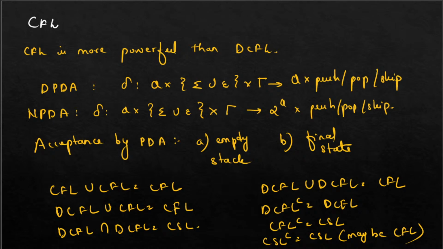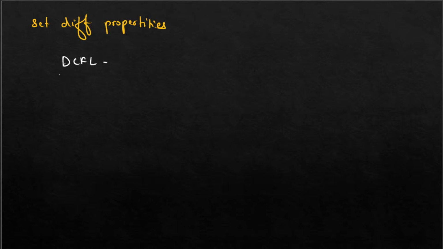Now let's see the set difference properties. So DCFL minus DCFL is CSL.